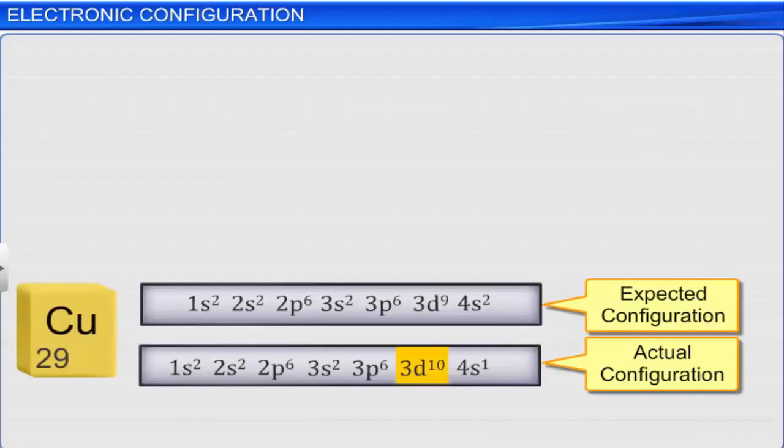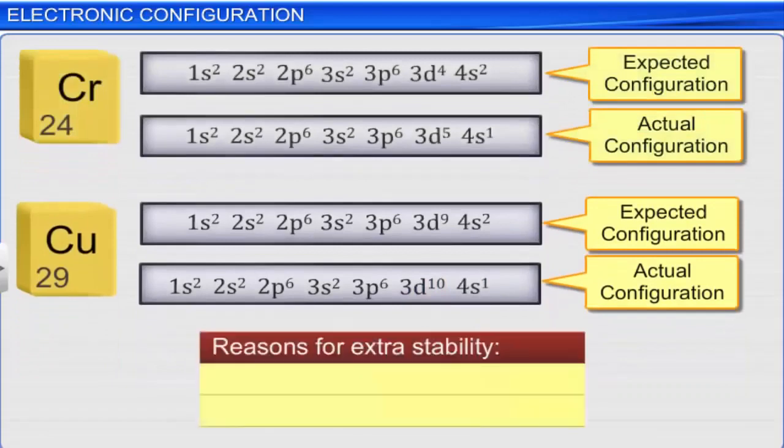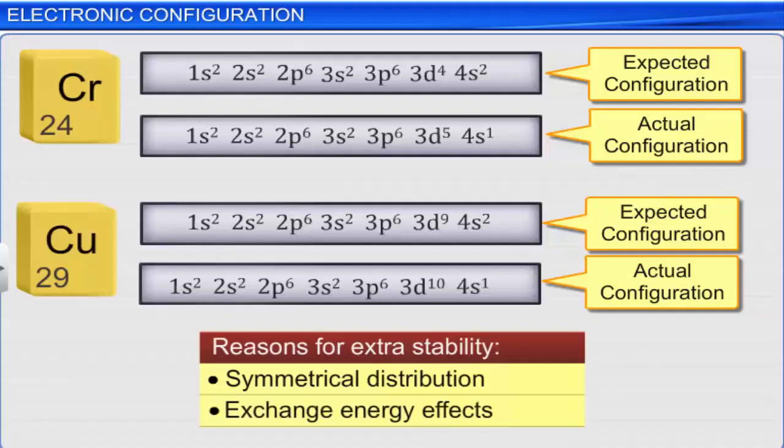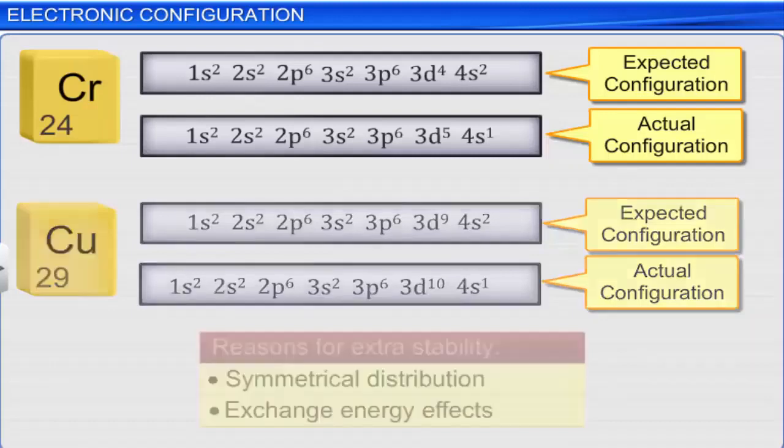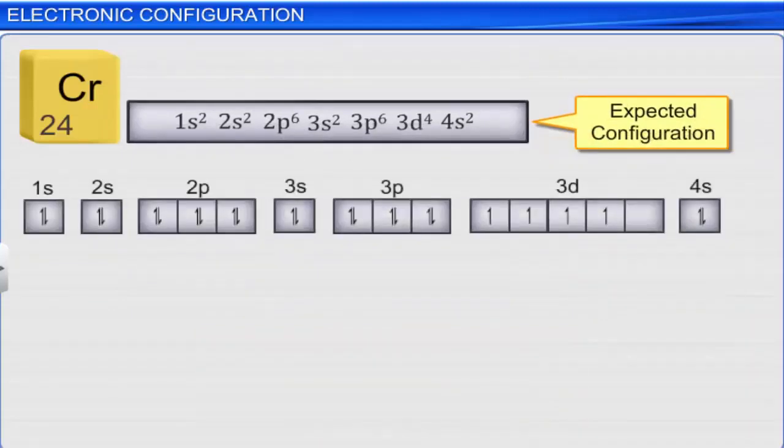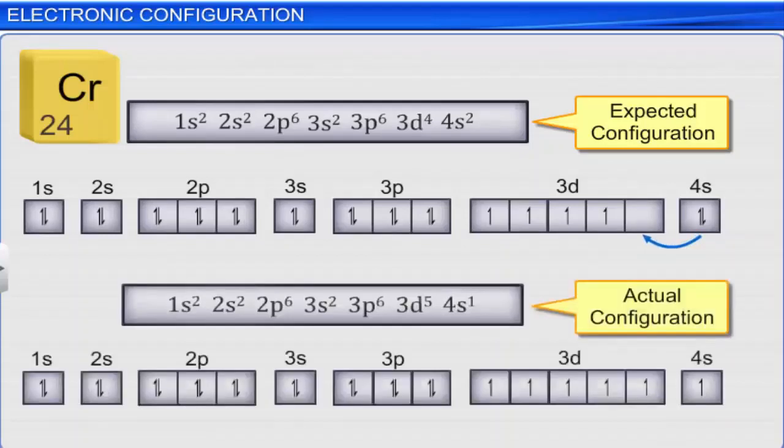The two reasons for the extra stability of half-filled and completely filled subshell configurations are the symmetrical distribution and exchange energy. From the expected electronic configuration of chromium, if one of the 4s electrons shifts to the vacant 3d orbital, the distribution of the electrons will become more symmetrical, and this will impart extra stability.